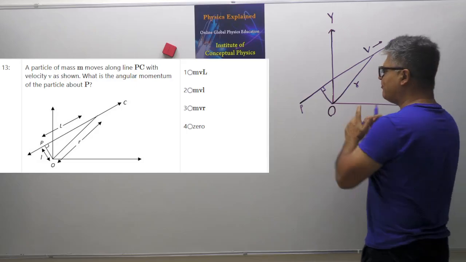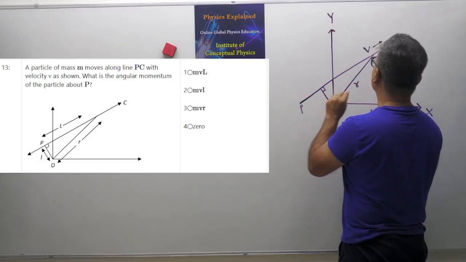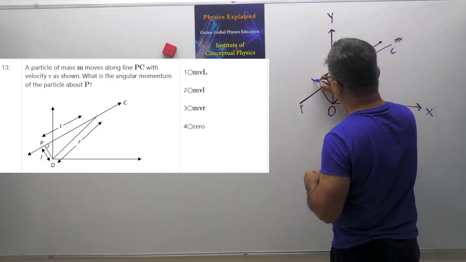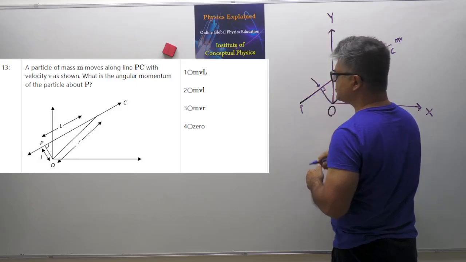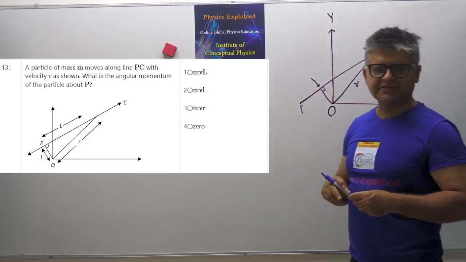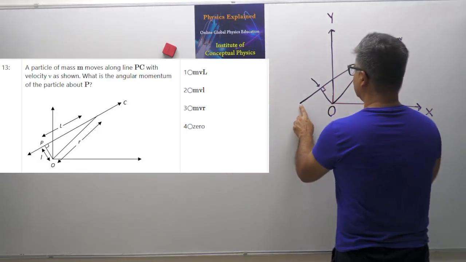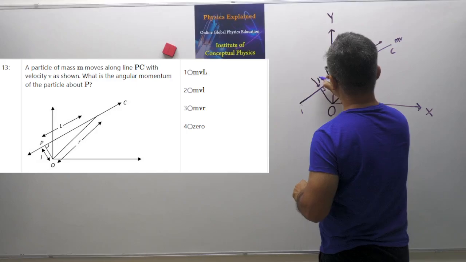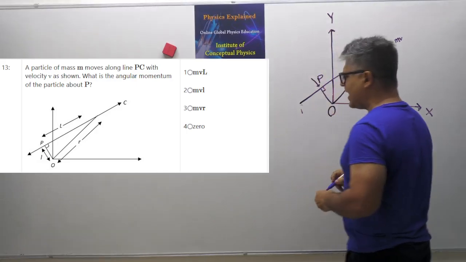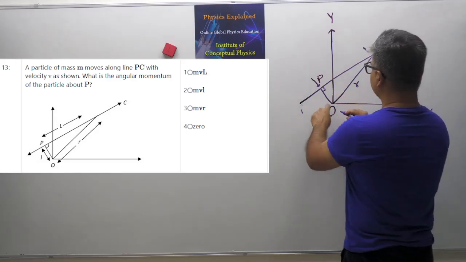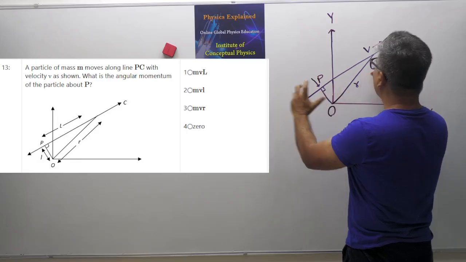Now the point about which the angular momentum has to be found shifts from O to this point, which is P in the question. So point P is located here. Now if you notice what's so different, you cannot draw any perpendicular.